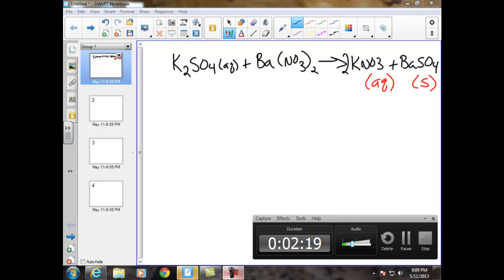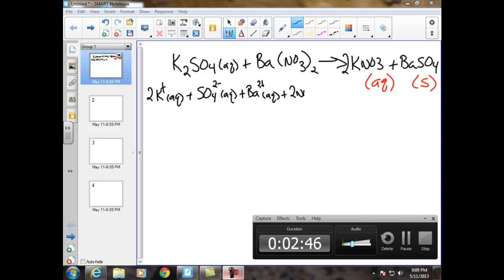So let's just write my net ionic equation. Or sorry, my ionic equation. So 2K, that's a plus charge, that's aqueous, because the whole thing is. Plus SO4, that's a 2 minus charge, that's also aqueous. Plus barium, 2 plus charge, that's aqueous.